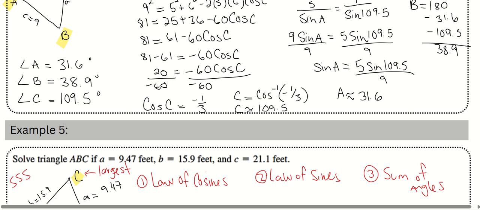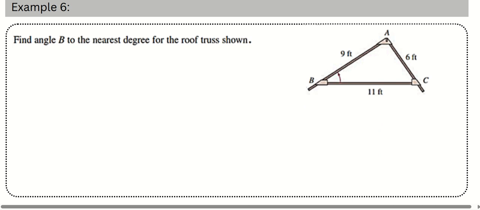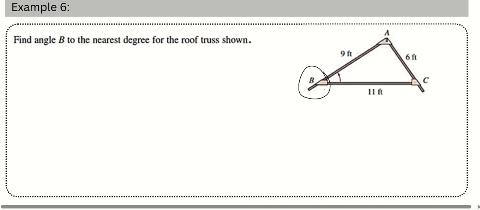Oh my gosh. All right, and then I'll give you this one as well. This one is find angle B. So you're looking for this angle. Notice that this triangle is a side triangle. Notice that angle A here is the largest.